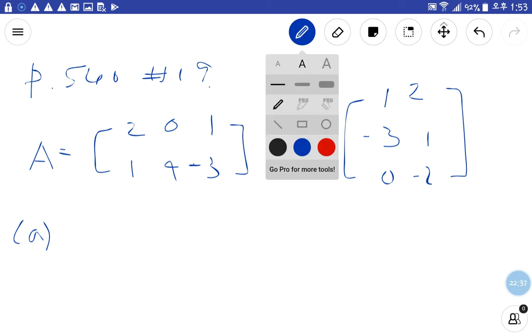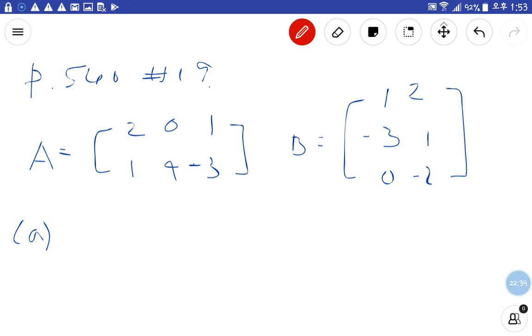Check the order of the matrices. What is the order of A? 2 by 3. What about B? 3 by 2. Since the number of columns of A and the number of rows of B are the same, I can get my answer A times B. That would be a 2 by 2 matrix.